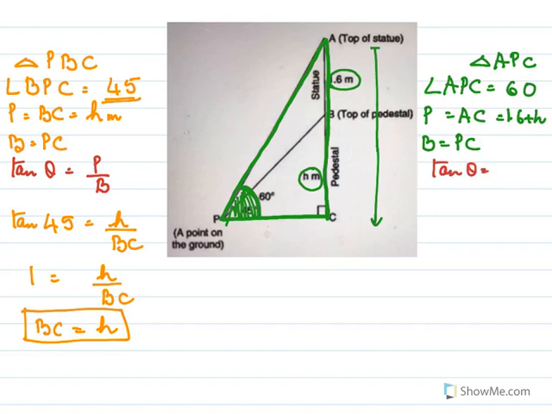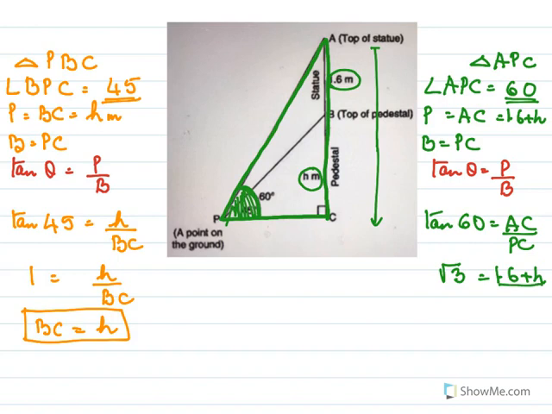Again, we are going to use tan. Okay, and that is tan is perpendicular over base. In this case, our angle is 60. See here, this is 60, which is perpendicular AC over base PC. Tan 60 is root 3. AC is 1.6 plus H, and over base.